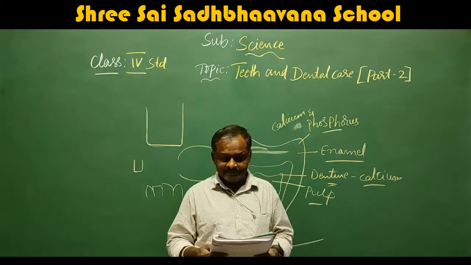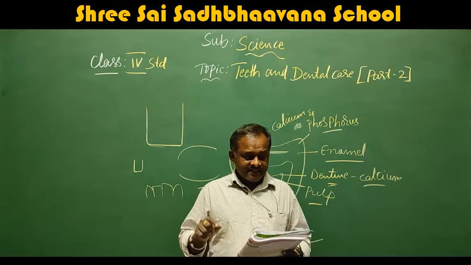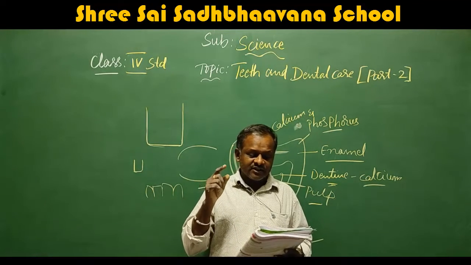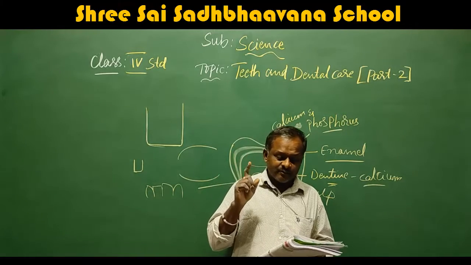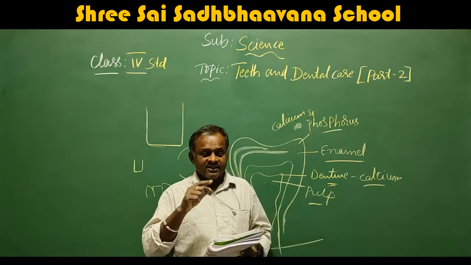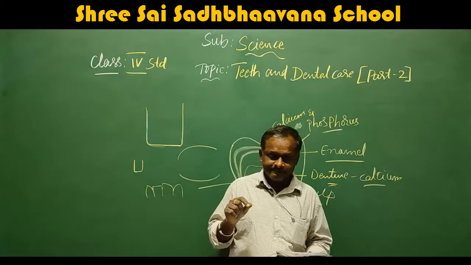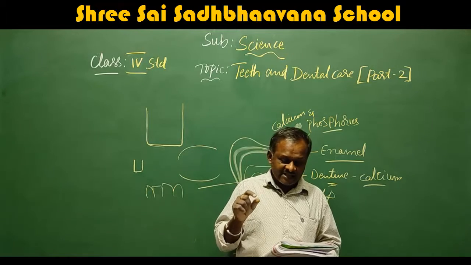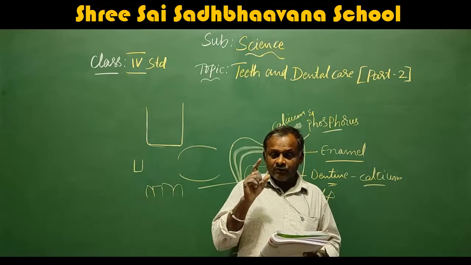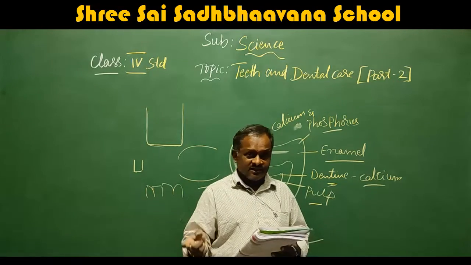These germs start acting on them. They secrete acid juices in order to help themselves digest the food particles which are stuck between the teeth. Secreting means producing some acids or juices. For what purpose? To digest that food.